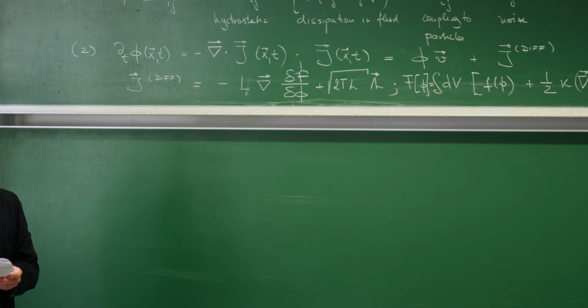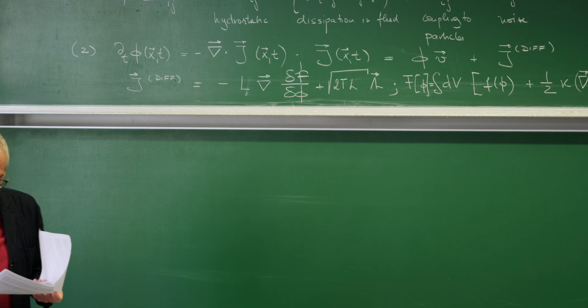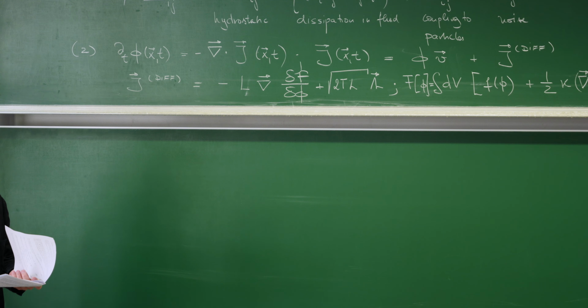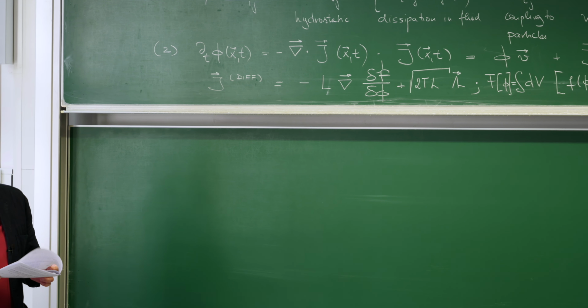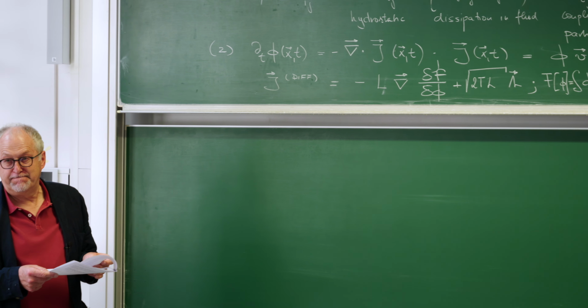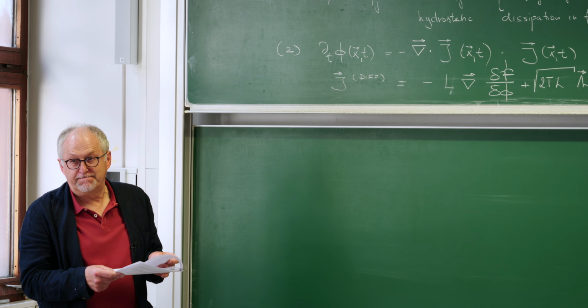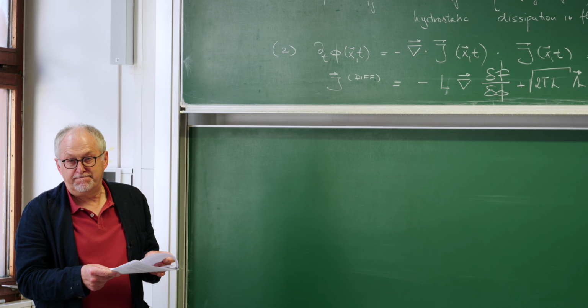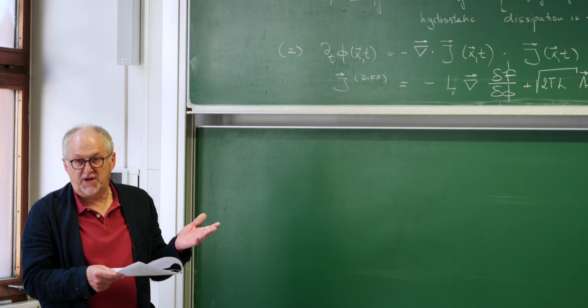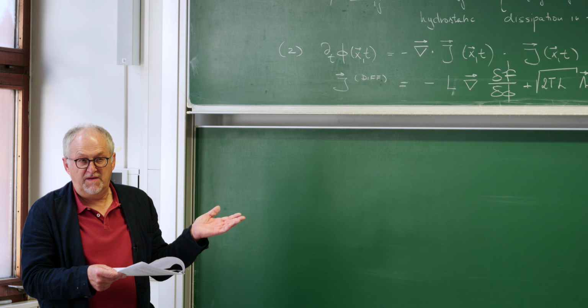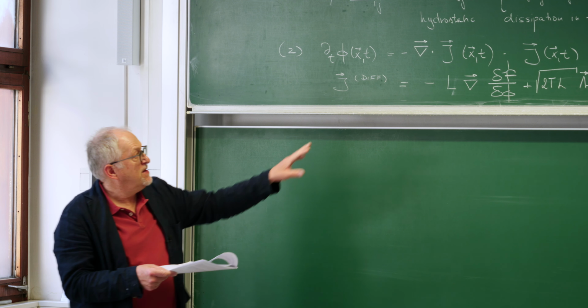Now, let me ask you towards what kind of distribution function this should equilibrate to in the end. There's a kinetic part and there's a part that comes from this free energy.